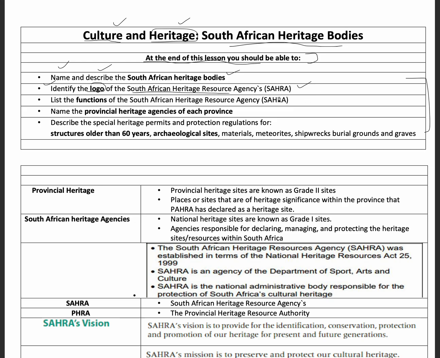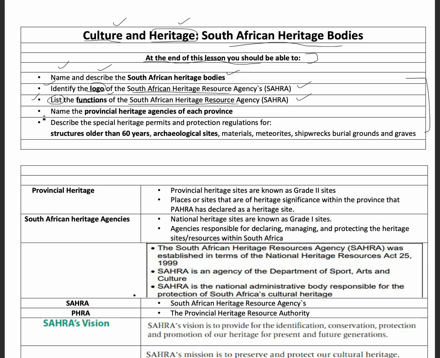Then after knowing the logo, you must be able to list its functions. What does it do? The actual function of the South African Heritage Resource Agency. You will list the function in terms of what it does, what its main focus is, focus on doing what.